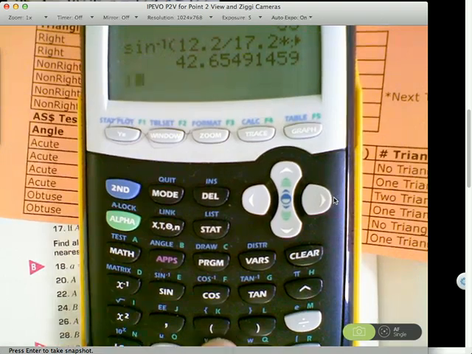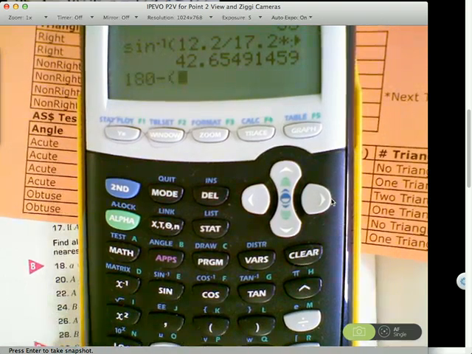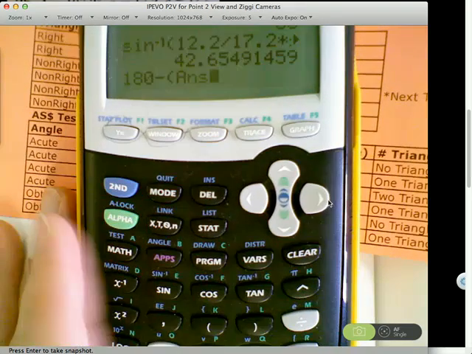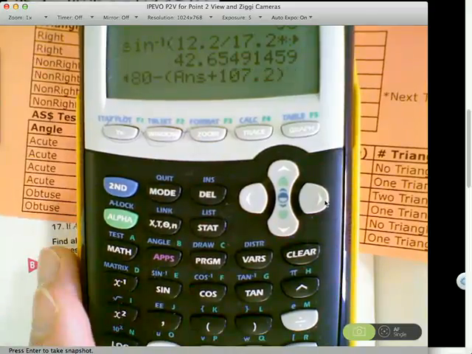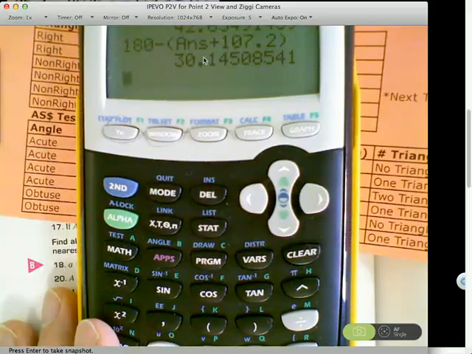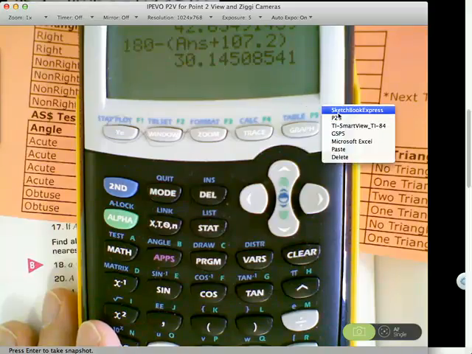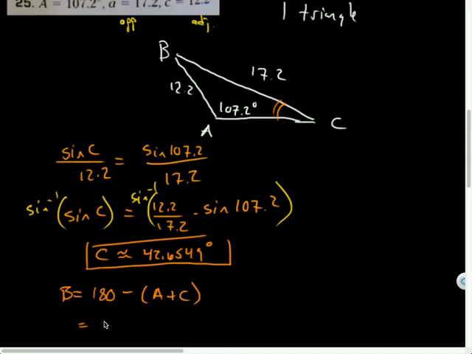So I'll do 180 minus second answer plus 107.2. And I get 30.1451. So there's angle B.